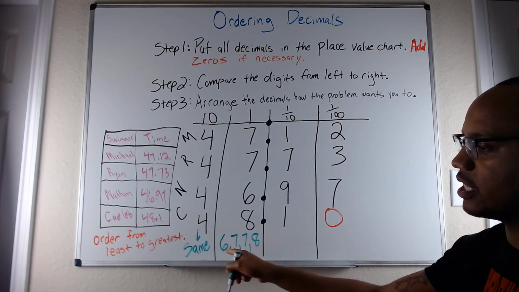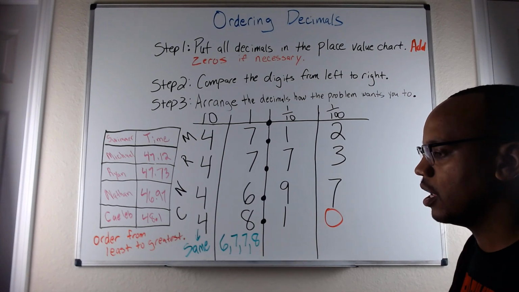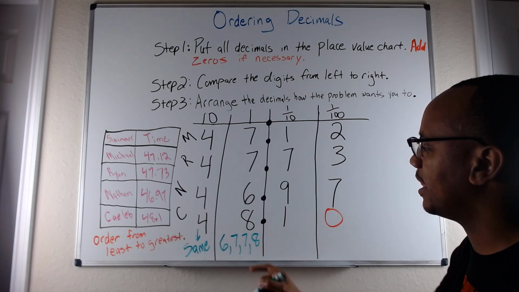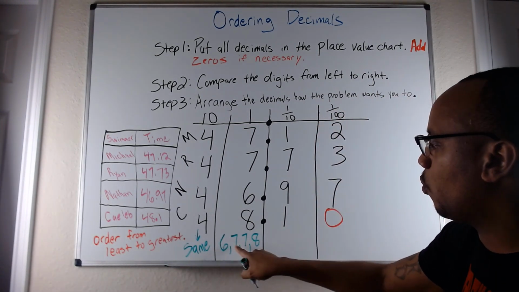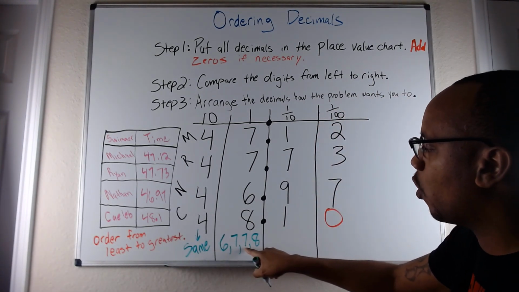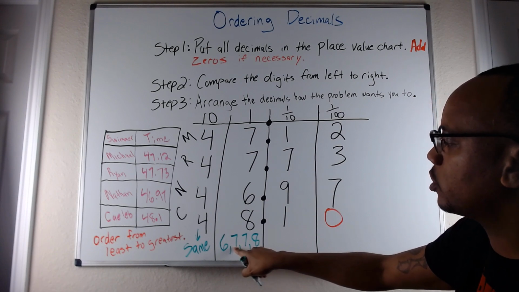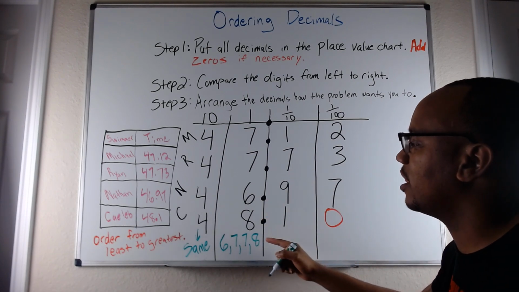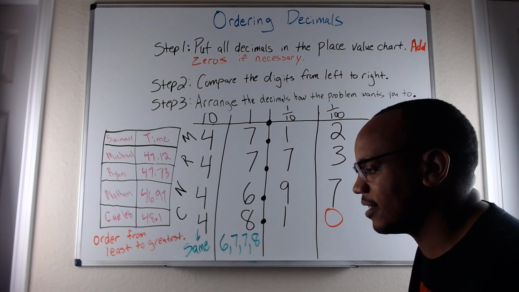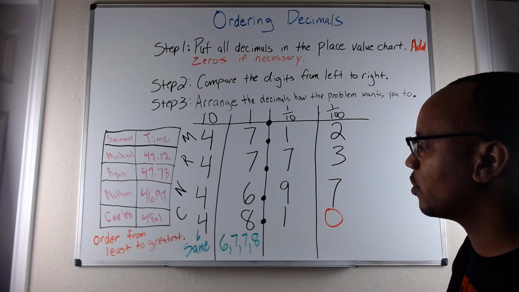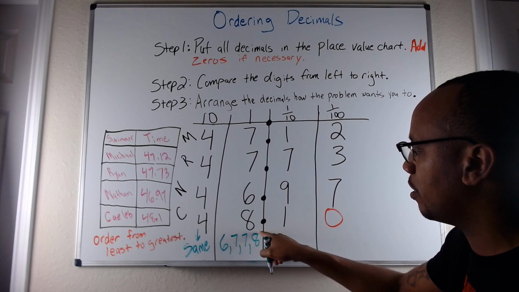This is from least to greatest. The 6 is the least. The ones with the 7 in the ones place are number 2 and number 3. And the one with 8 is the greatest. So from least to greatest, this will be 1, 2, 3, and 4.